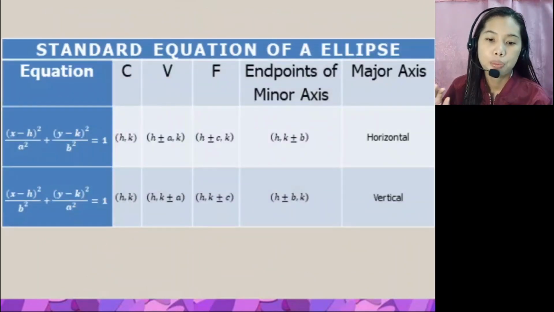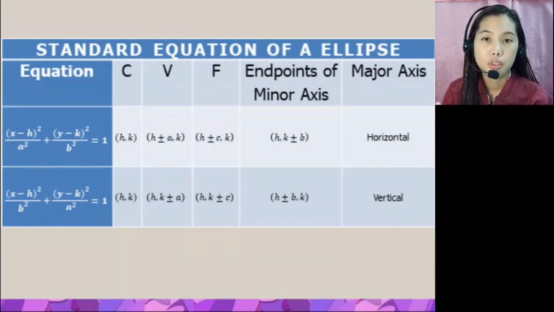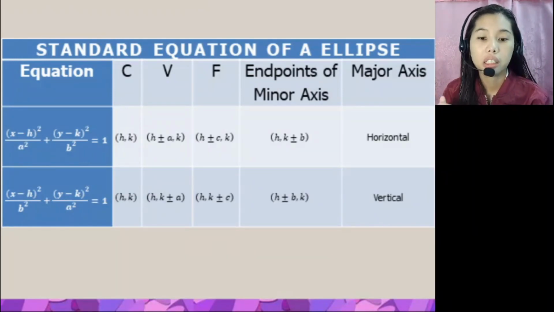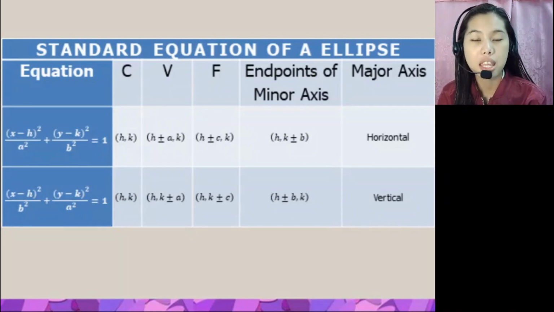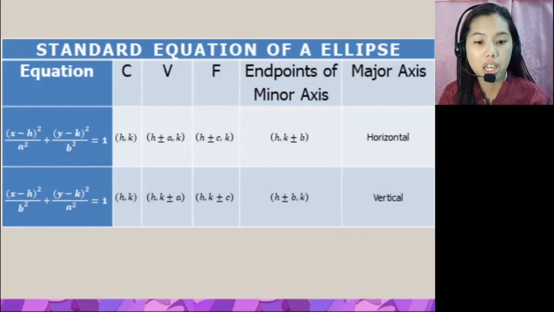So, on this table, you will see the center, the vertices, the foci, the endpoints of the minor axis, and the major axis. So in the equation wherein our bigger denominator falls on x, the center still is at (h, k).